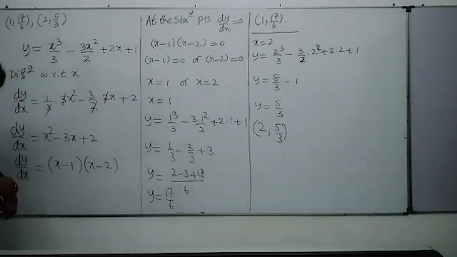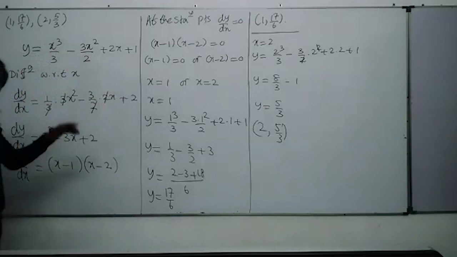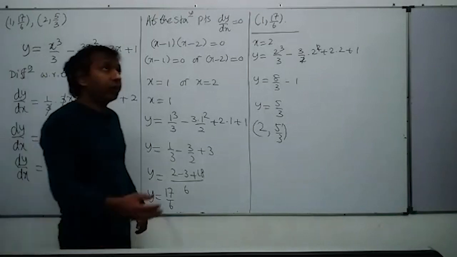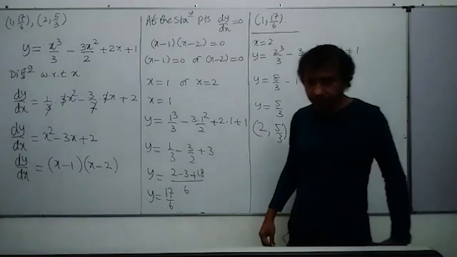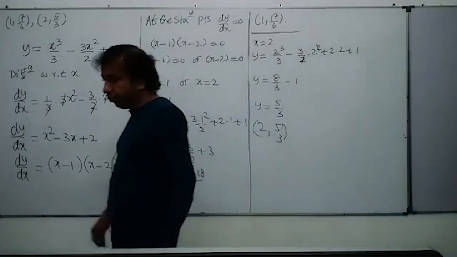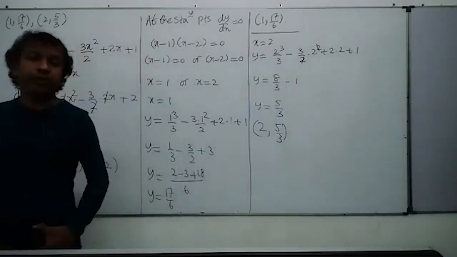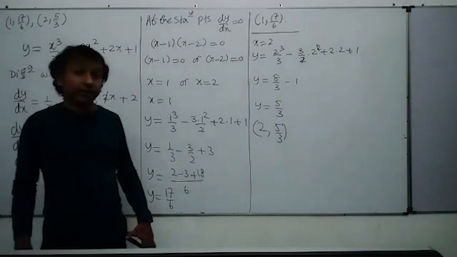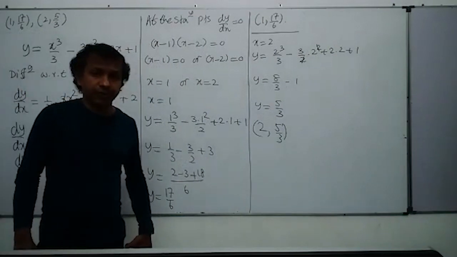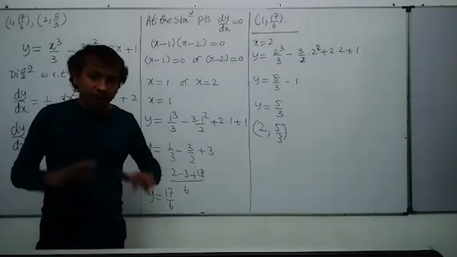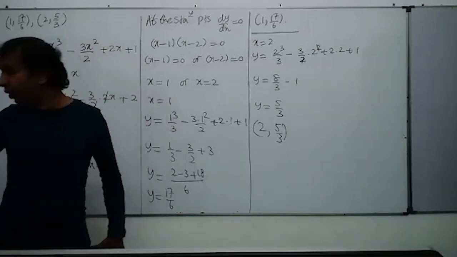Right, now people, there are 2 stationary points, but we don't know their nature, whether they are maxima, minima, or point of inflection. Now, to find this, we have to use the sign of the gradient, or dy by dx. For this, we prepare a small table.